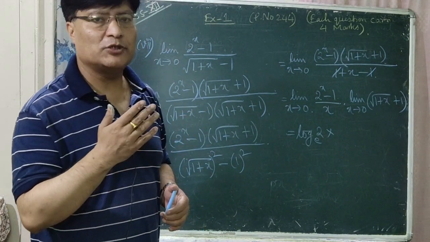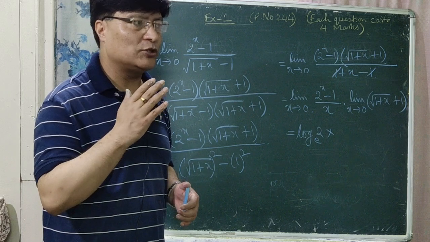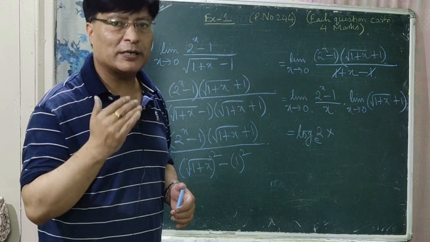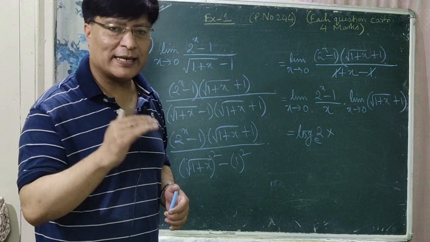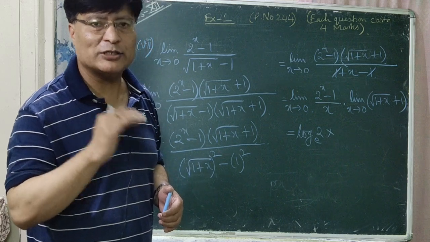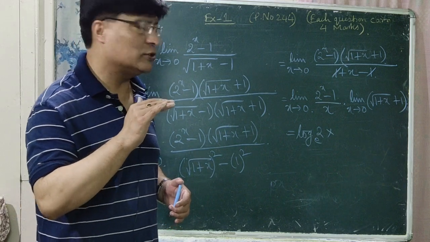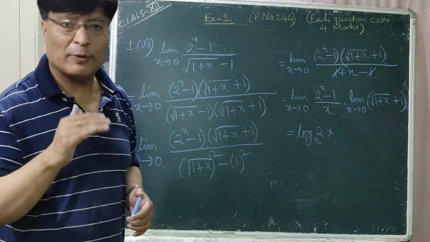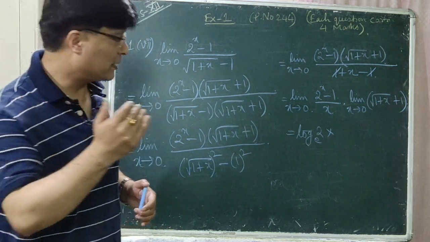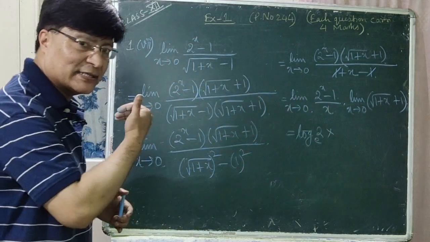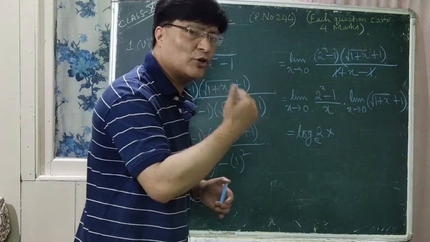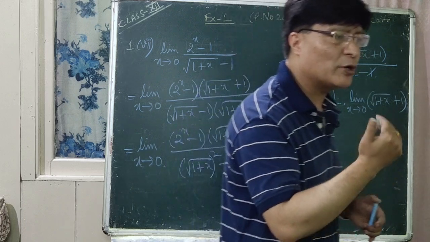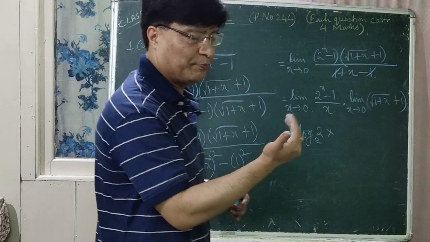That is approaching from the right hand side, because all these 0.9, 0.99, 0.999 are greater than 0.